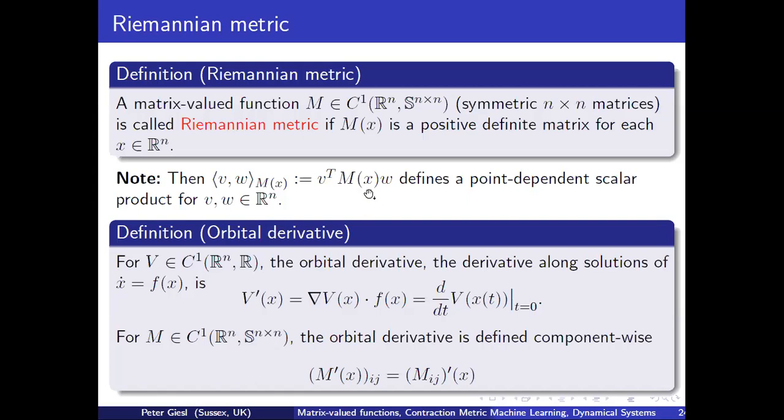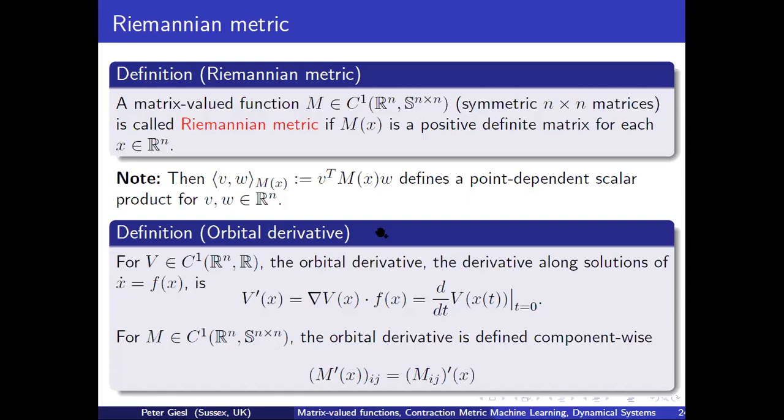And M of x needs to be a symmetric matrix, which is also positive definite for each x. So that's the motivation to define this matrix-valued function as a Riemannian metric. It's a function from R^n to the symmetric matrices which are also positive definite. And it should be a C1 function to define a derivative in the next definition.